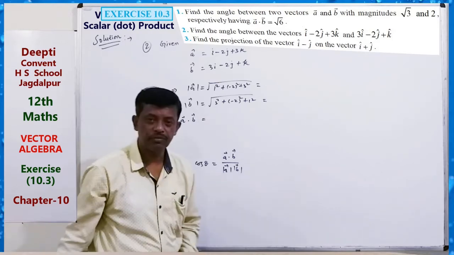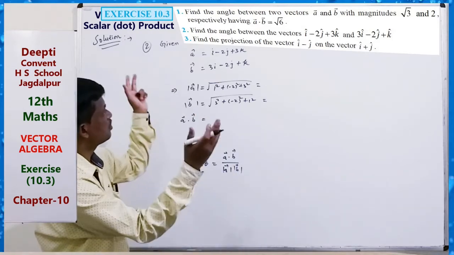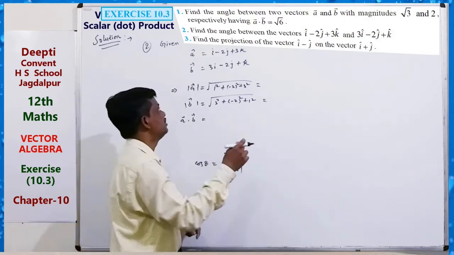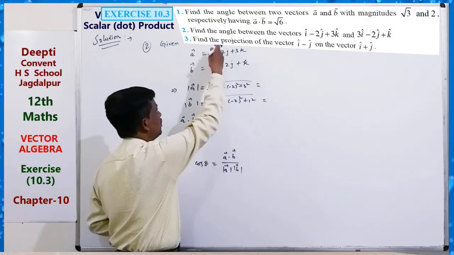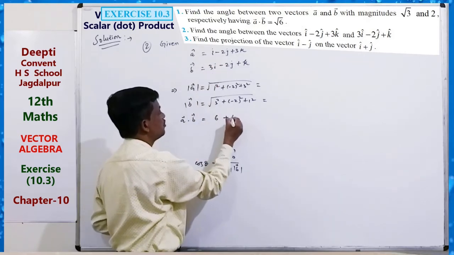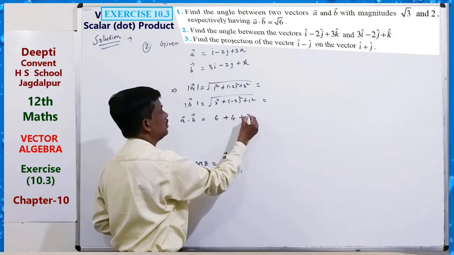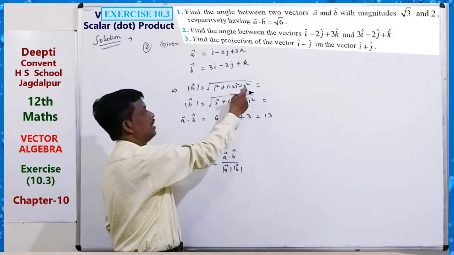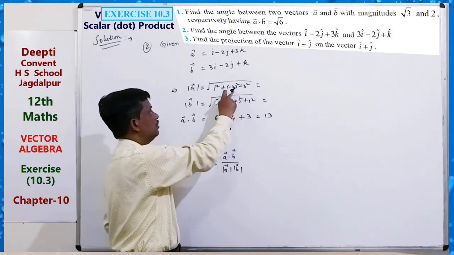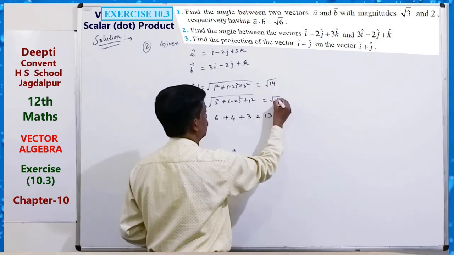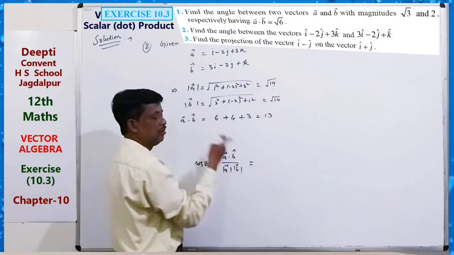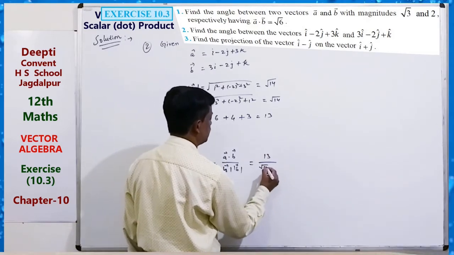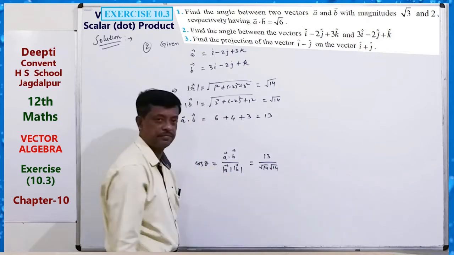A dot B in terms of components is A1 B1 plus A2 B2 plus A3 B3, that is 1 into 3 is 3, minus 2 into minus 2 is 4, and 3 into 1 is 3, so 10. Using all values, A dot B upon root 14 root 14.